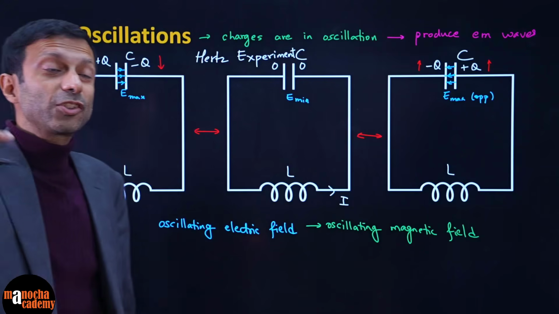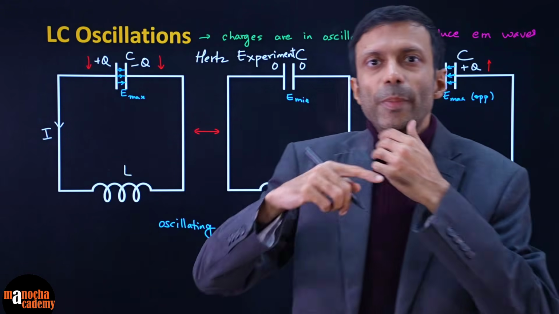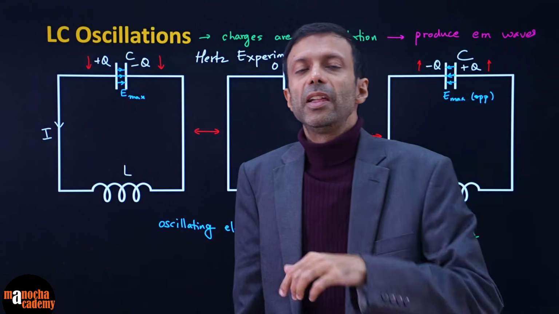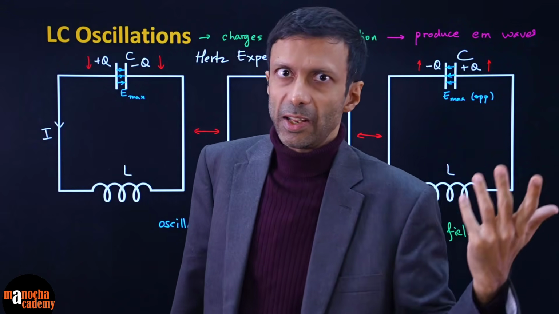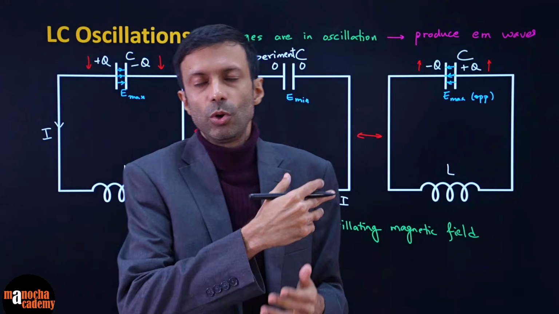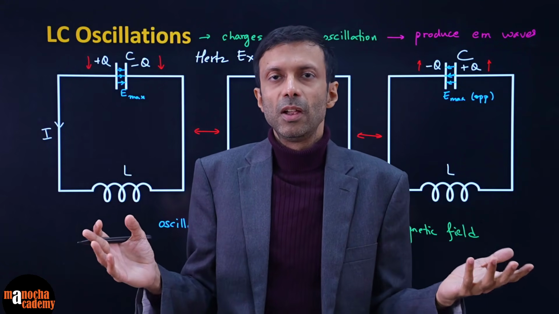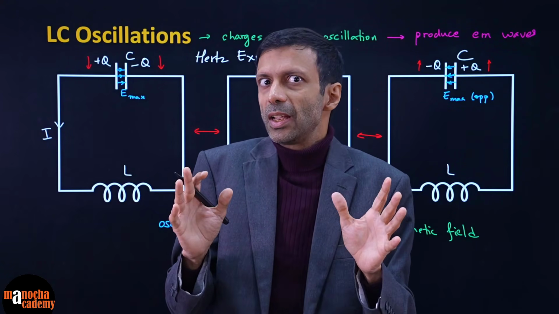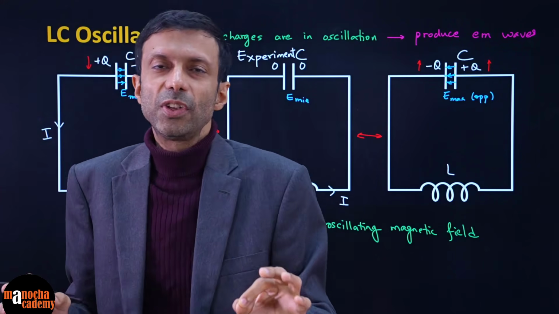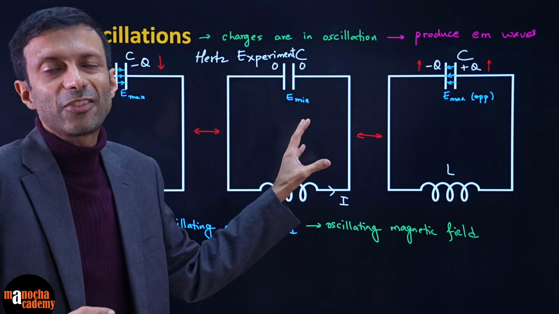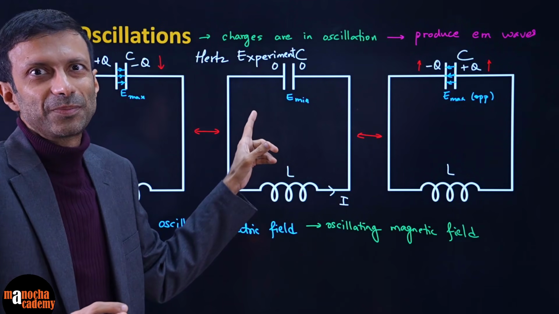Okay. Now if I ask you one interesting question, electromagnetic waves, like light, infrared, radio waves, all of these are electromagnetic waves, right? And you can watch my video, I have a video on the electromagnetic spectrum. So these waves are different because they have different frequency. So can you tell me what will be the frequency of the electromagnetic wave emitted by the LC circuit?